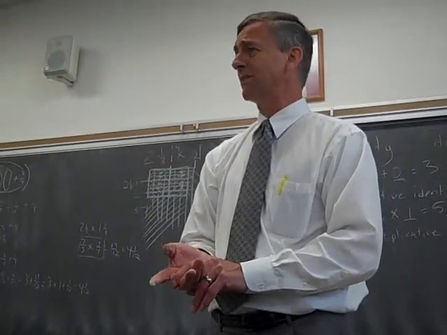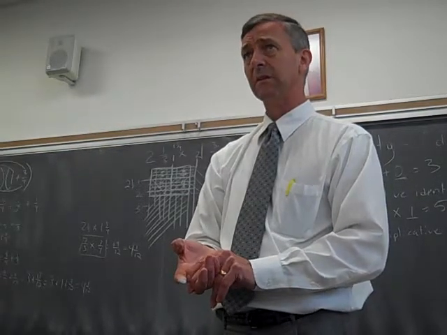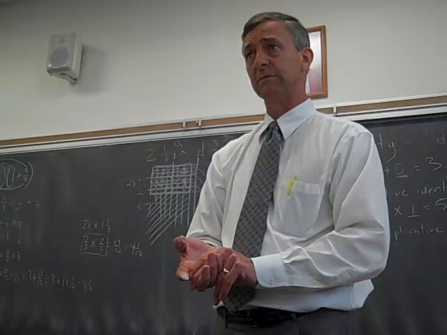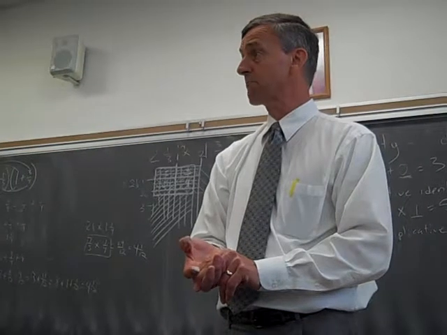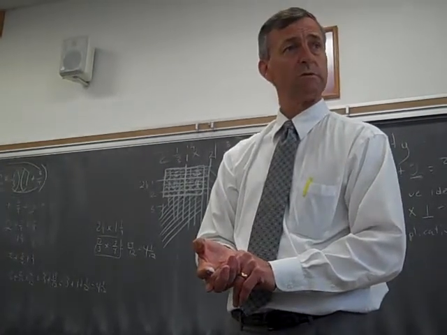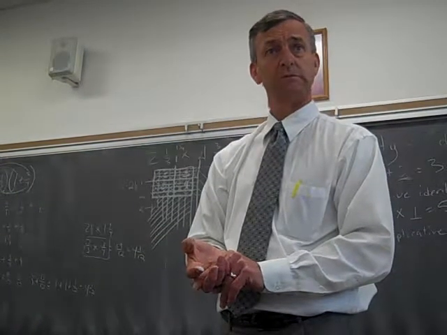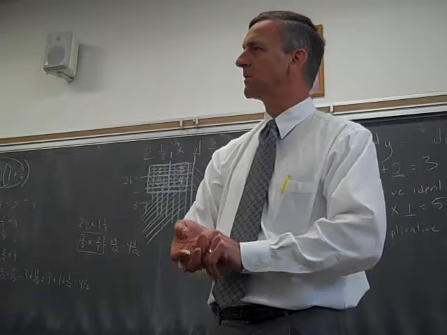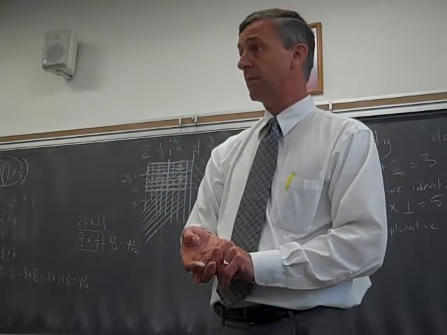But what about division of integers? How would you do it? How are you going to teach division of integers so that it makes sense, so that they're not just memorizing rules? Anybody have any ideas?